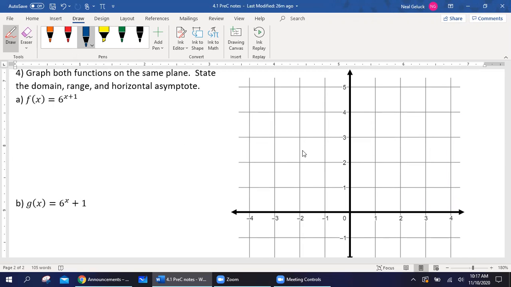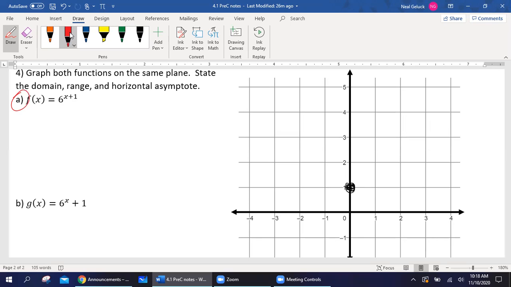On number 4, A and B, we're going to graph these functions. And really what I'm worried about is what happens to the point 0, 1. Kind of think of that as our point that's moving. So for 4A, I'm going to graph these in 2 different colors, so I'll graph A in red.